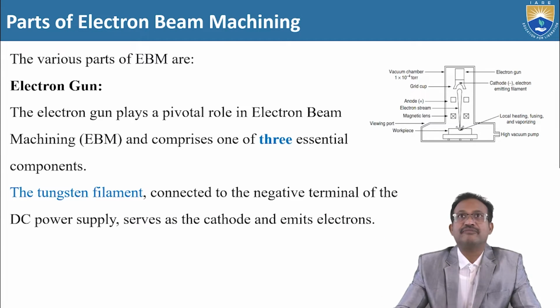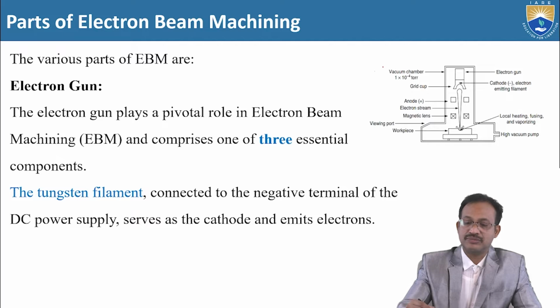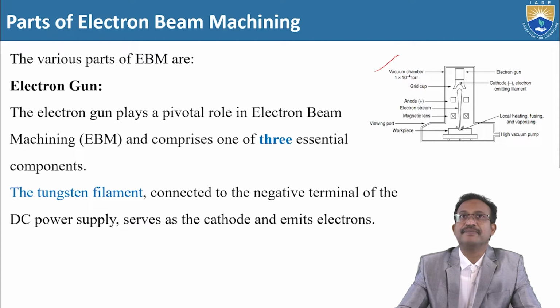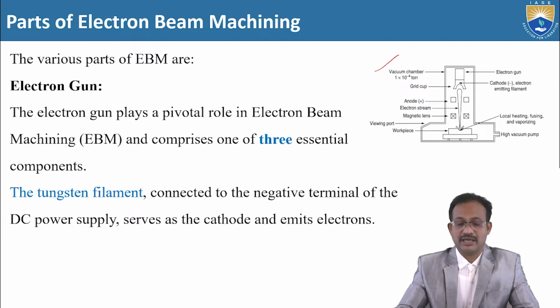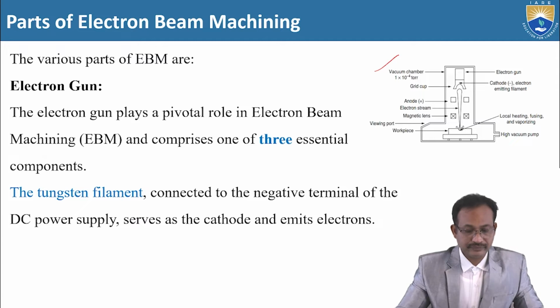Parts of the electron beam machine. Now let us discuss the individual main parts of this electron beam machine. The vacuum chamber is an important element.